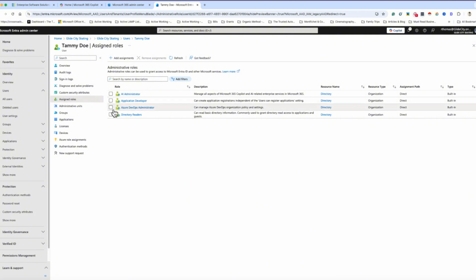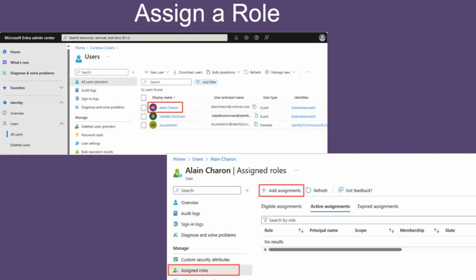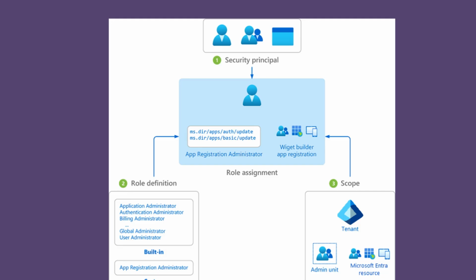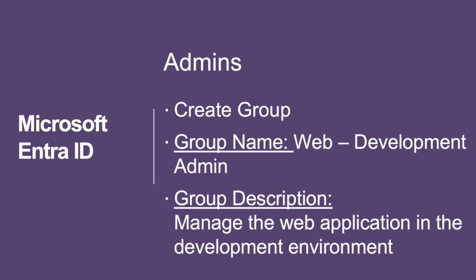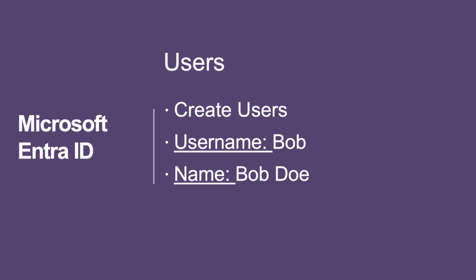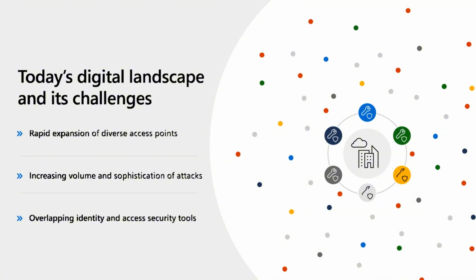So I want to end there because we covered a lot. We went over a lot of detail, but I do want to bring us back to the concept of Entra ID, right? What is it? With Entra, this thing is powerful.